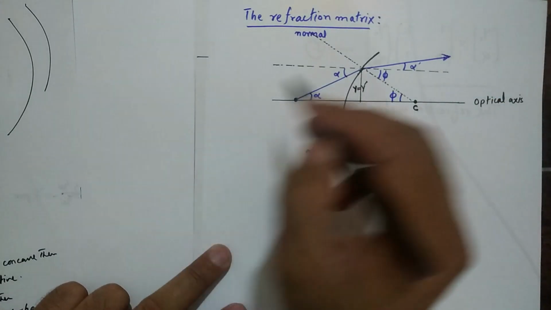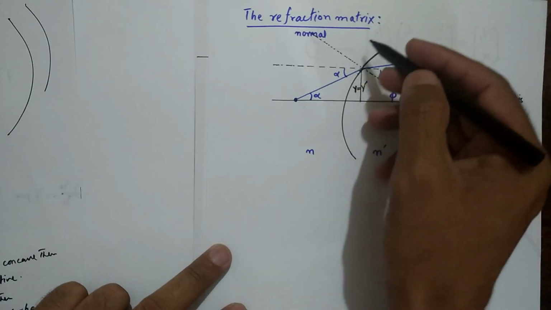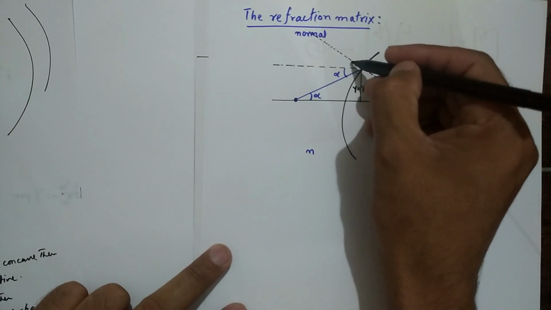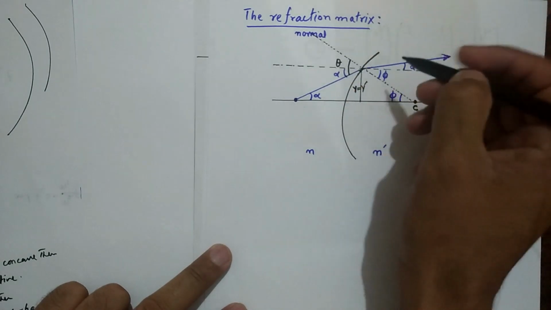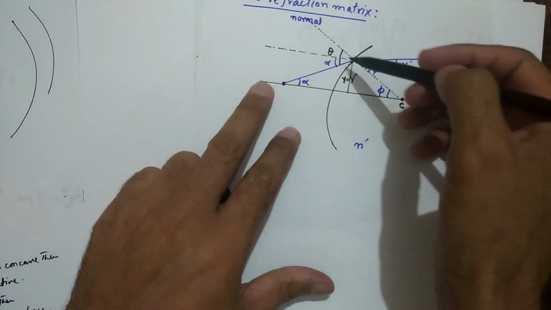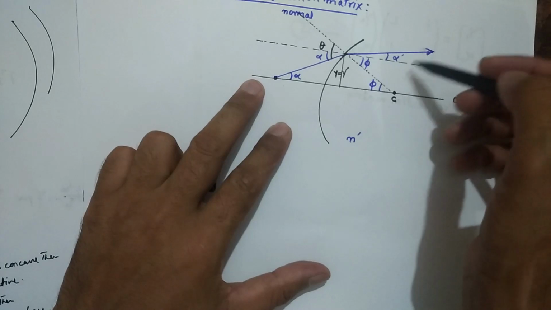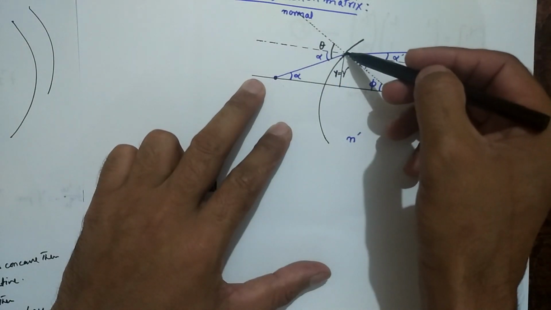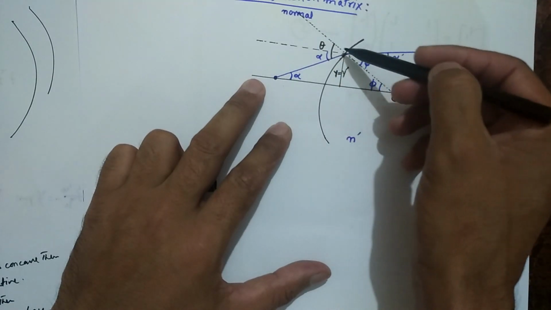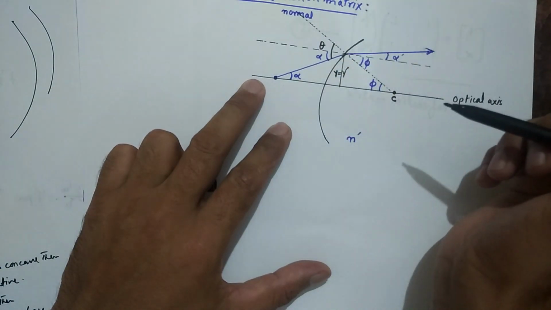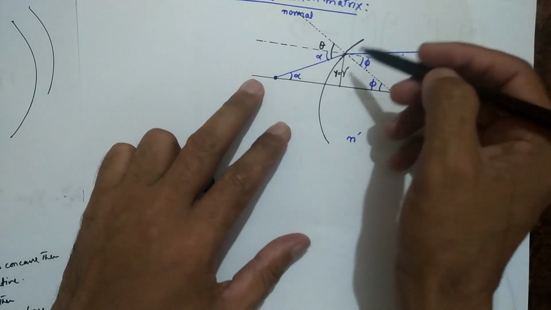Let's suppose this is y, and this ray has made the angle theta with the normal, the dashed line. You see that this is the normal at the point of incidence of light. As you can see, this ray of light goes straight to the center of the curvature.